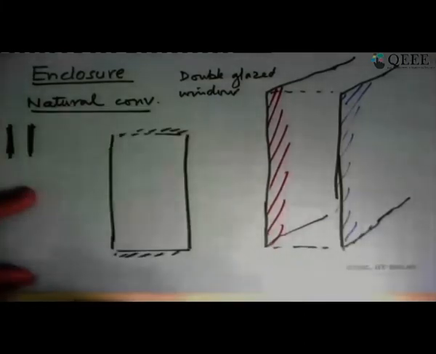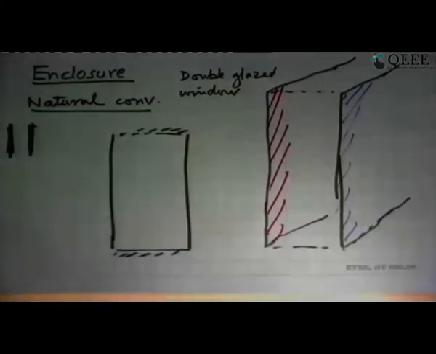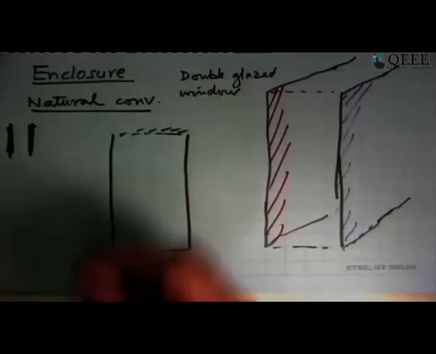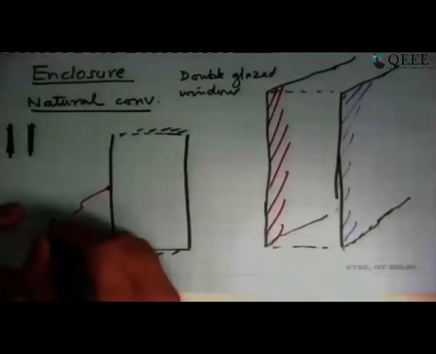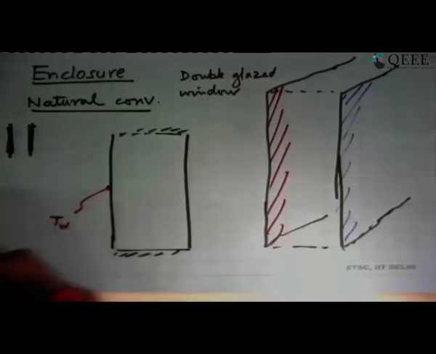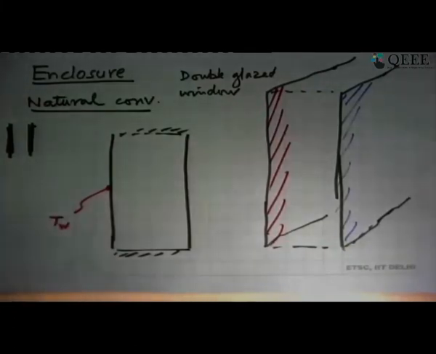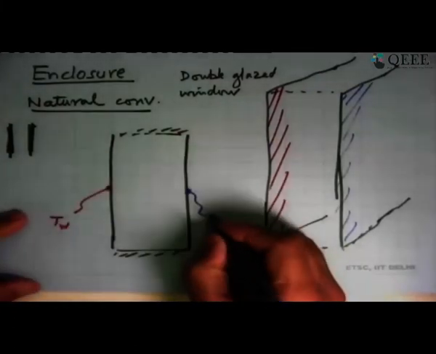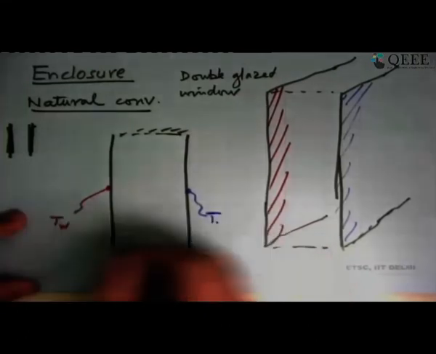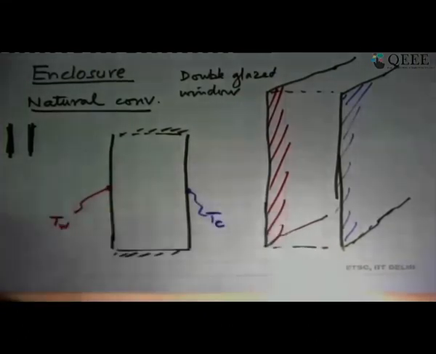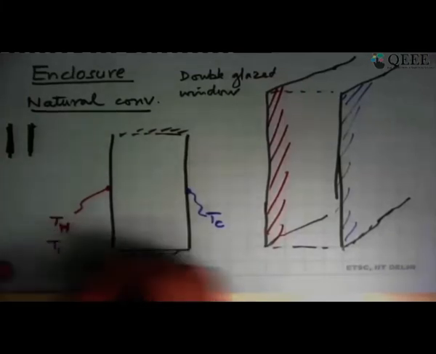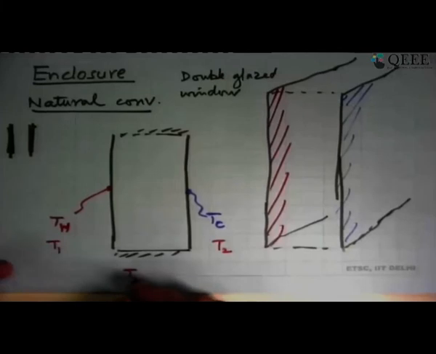And coming back to this, the problem that we are looking at is that this is a wall at a higher temperature, Th, and the other wall is at a lower temperature, Tc, or you can call it T1 and T2, doesn't matter. T1 is greater than T2.